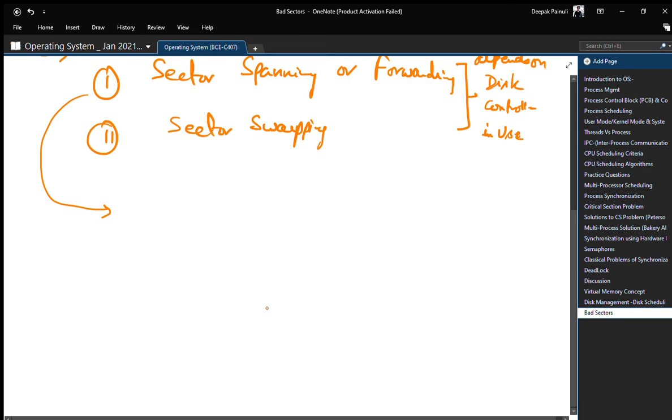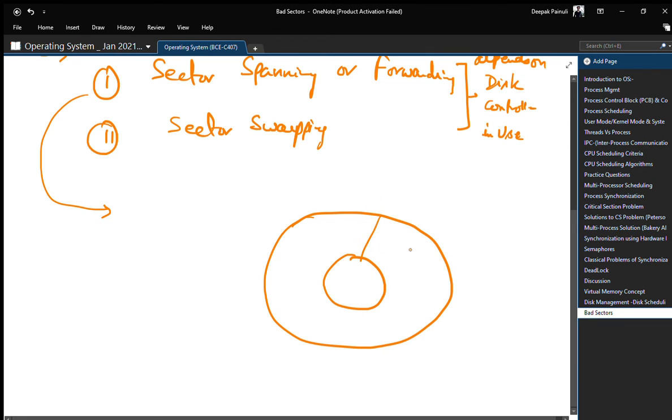Let us say this is our disk, and we have some sectors defined in it. This is not the exact example. Let us say this is sector number 1, sector number 2, sector number 3, sector number 4, sector number 5. Let's say we have 5 sectors and 2 reserve sectors.